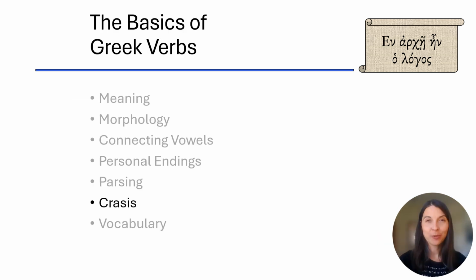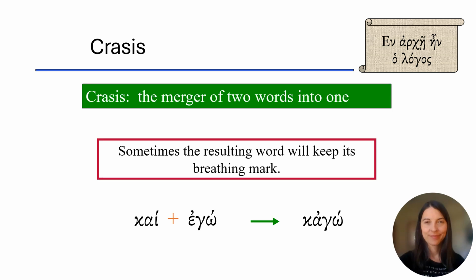And a quick note on crasis. It's not specifically defined in this chapter, but crasis is when two words are merging into one. And sometimes the resulting word will keep that breathing mark, even though ego, this is the word for I, and kai is the word for and.